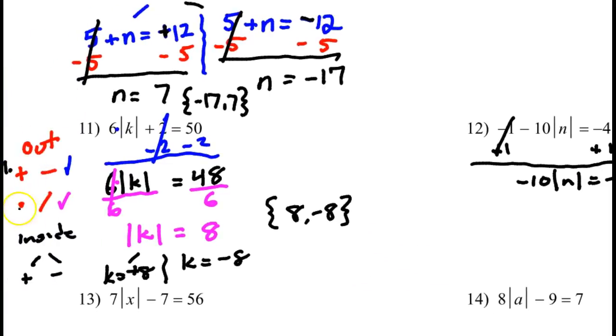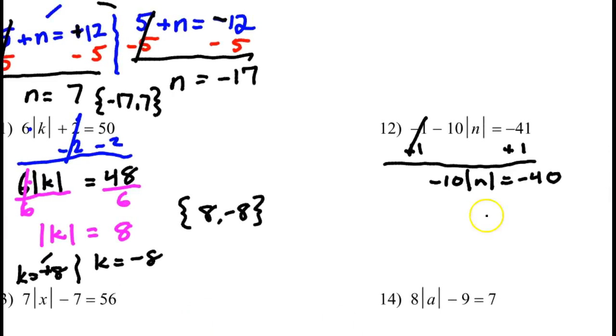Okay, next step, take care of multiplying and dividing. Are we multiplying anything? Yeah, multiplying by negative 10, so divide by negative 10. Positive 1, good, that's the value there.